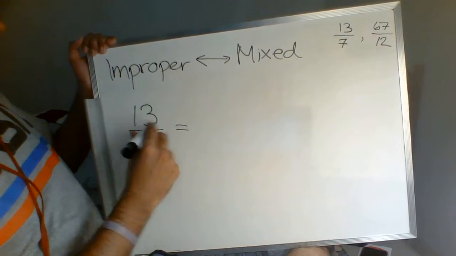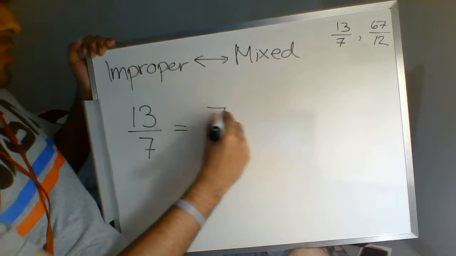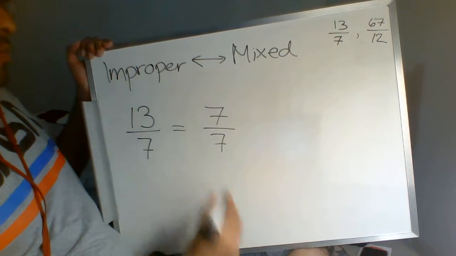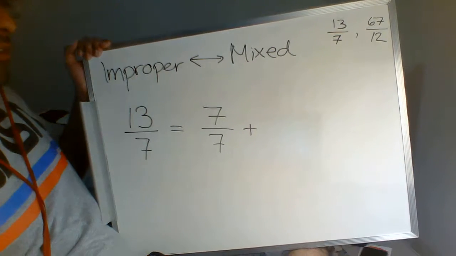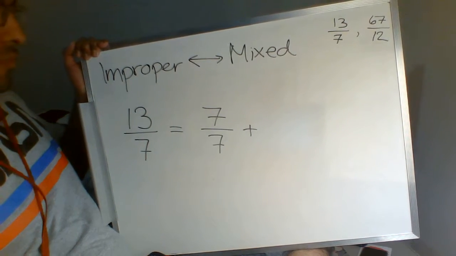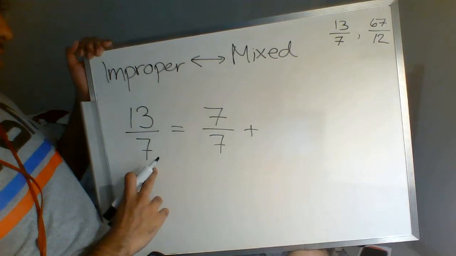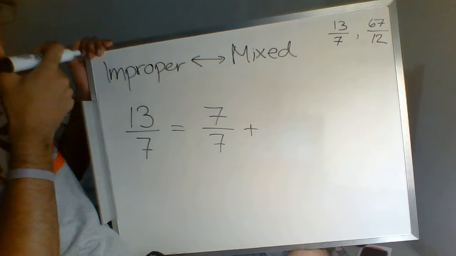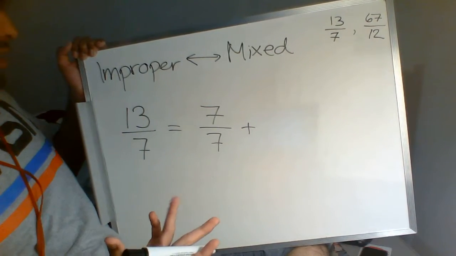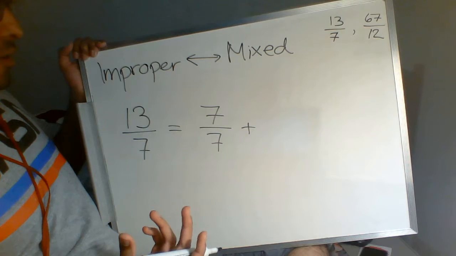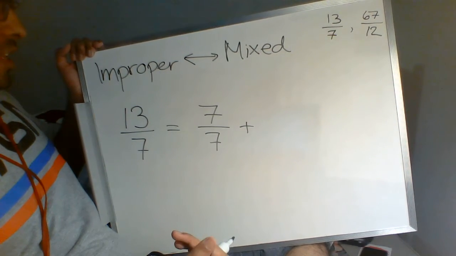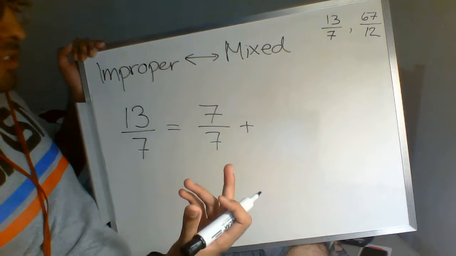So basically you take this 13 and you say, okay, if I've got 13 sevenths, then that means I can make 7 sevenths and I'll have something left over. If I take 7 sevenths away from this 13 sevenths, that's like you had a couple pizzas cut into 7 slices, and you ate 13 slices in total.